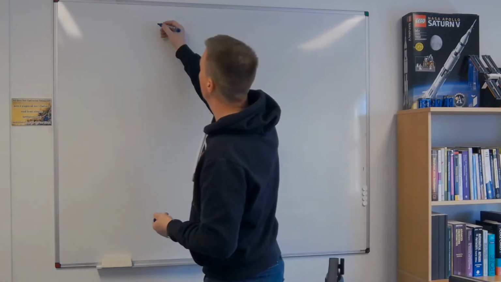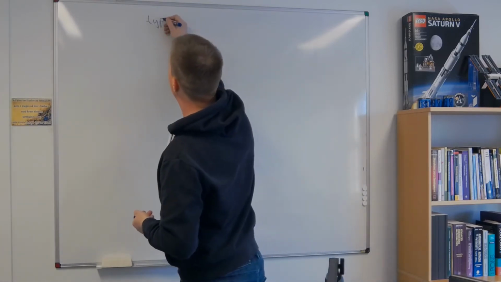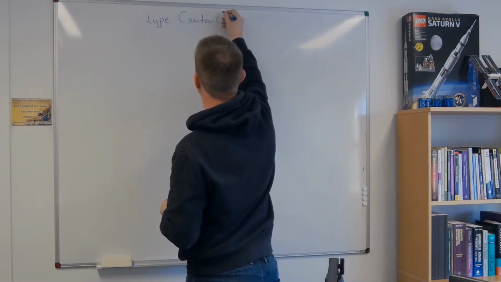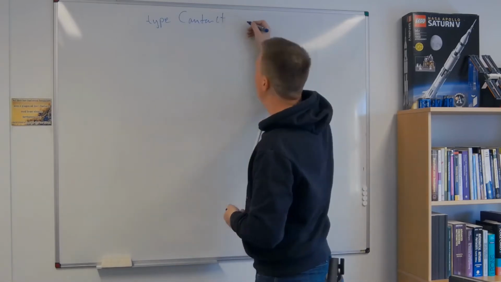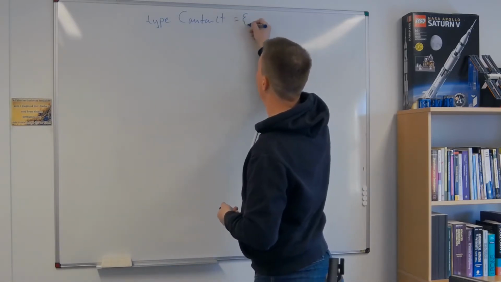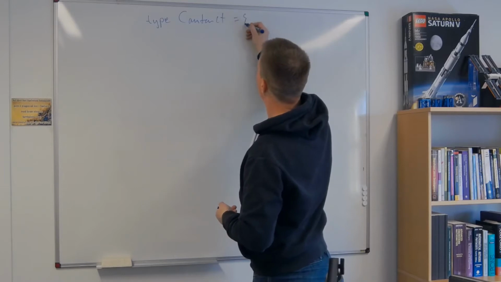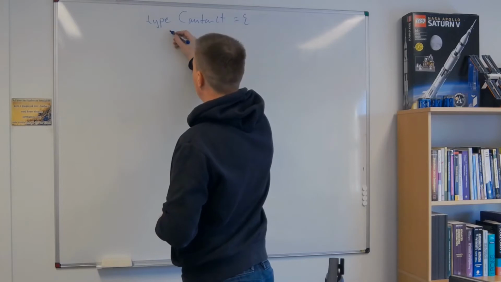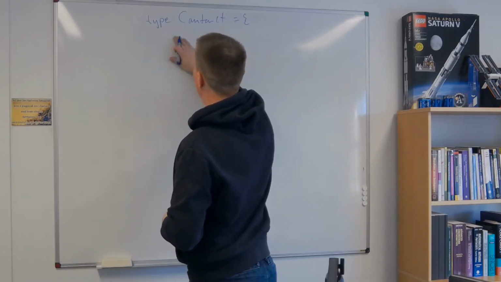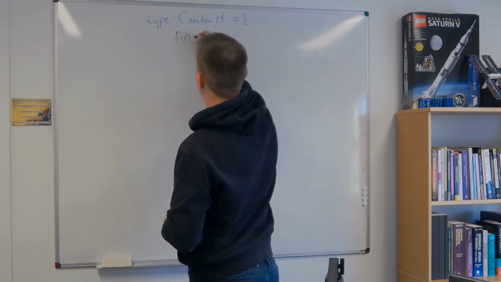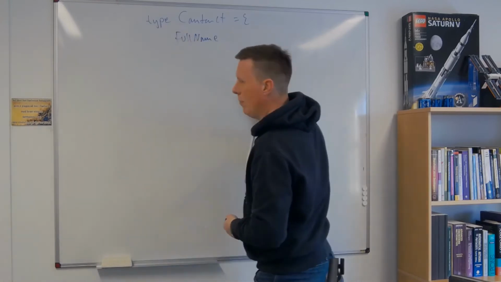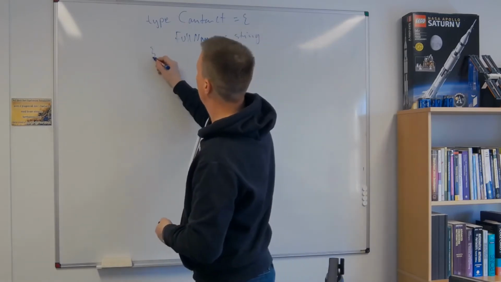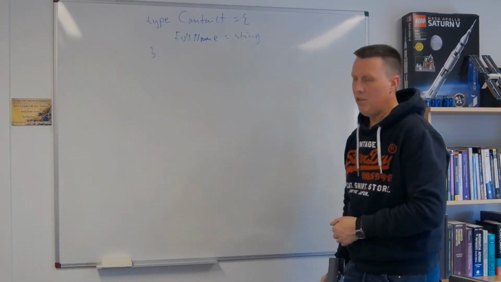So actually I can do something like this, type, and now I'm going to do another contact. In order to save myself some typing again, I'm just going to make it really simple. I'm just going to make a record type, with a full name. That's the only member of this record type, right? So this is just a plain simple record type.